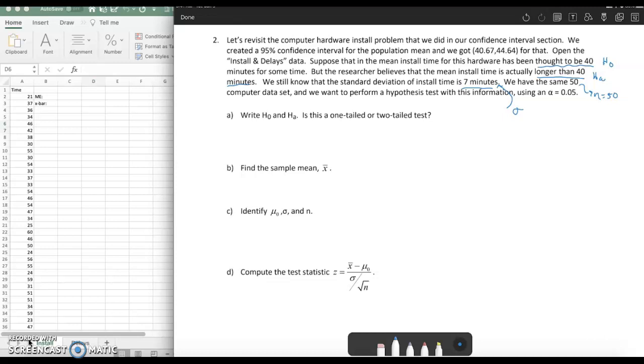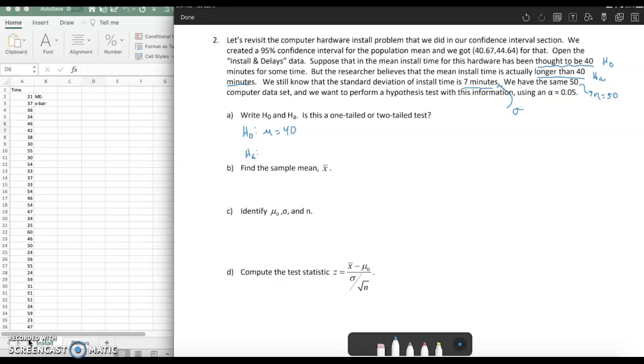Okay, our first task is to write our null and our alternate hypotheses and decide whether it's a 1 or a 2-tailed test. So I'm going to write H sub naught and H sub a. My null hypothesis is that we've all been told that this mean install time is 40 minutes, so mu equals 40.